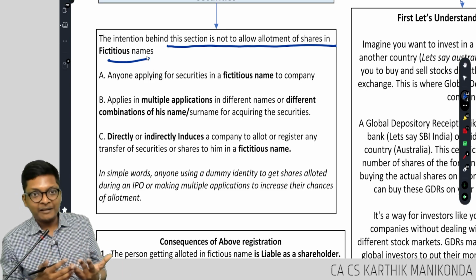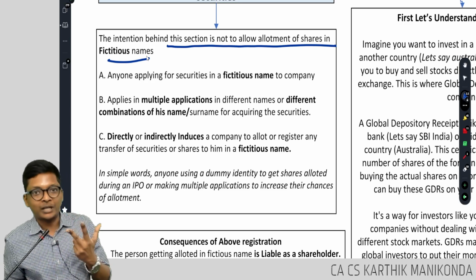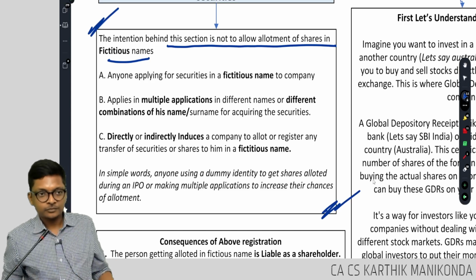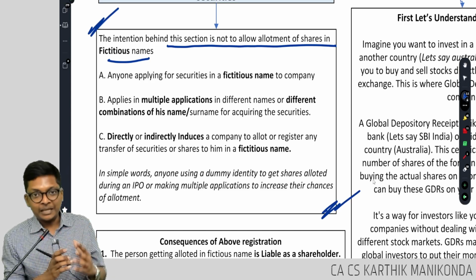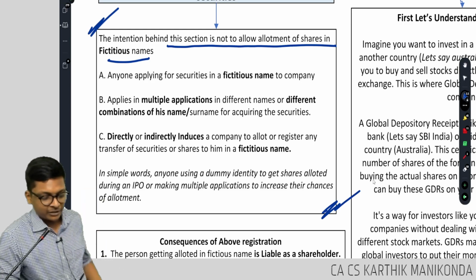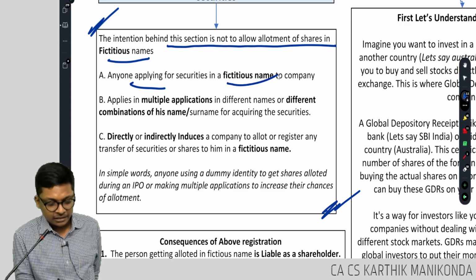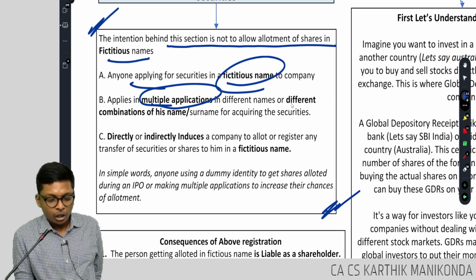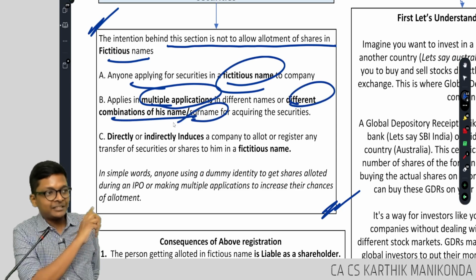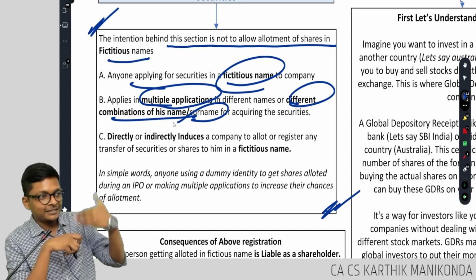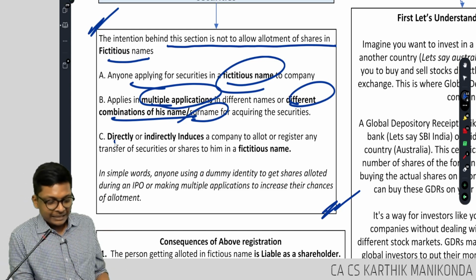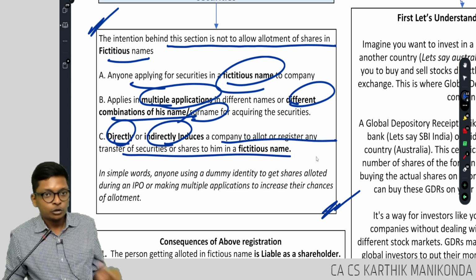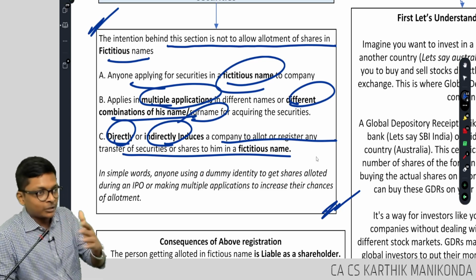Even now people have multiple Aadhaar. I recently met a guy who has 2 Aadhaar cards. I don't know how he got it. So it is still there, but imagine those days getting ID proof. They are saying anyone applying for shares in a fictitious name, or doing multiple applications, or a different combination of his name or surname, and directly or indirectly inducing the company to allow shares for a fictitious name, like Dhoni, the company will think, hey, Dhoni is applying for my company.